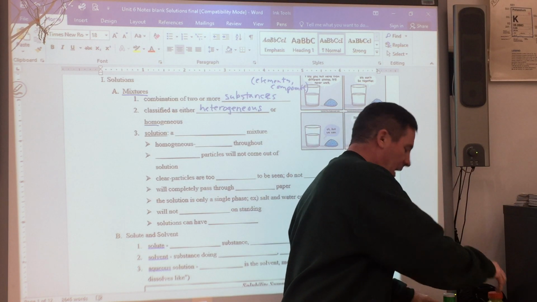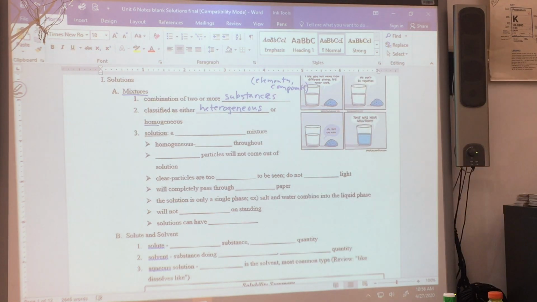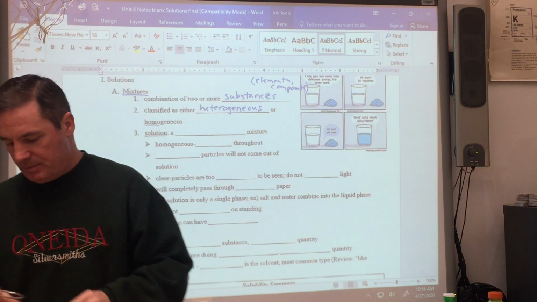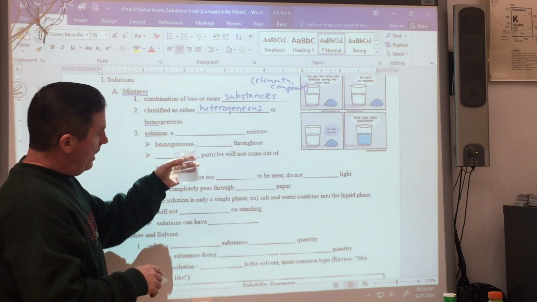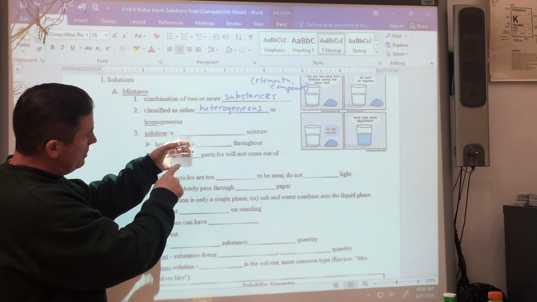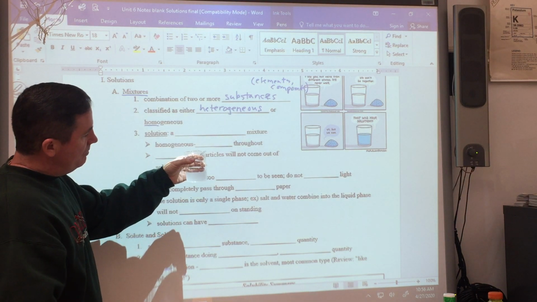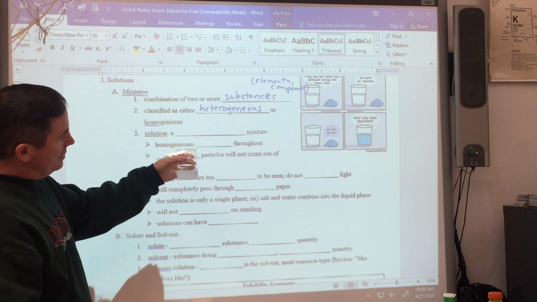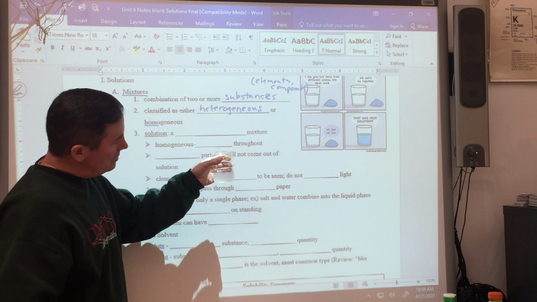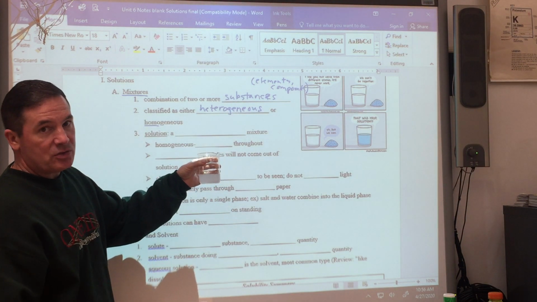Another mixture that I could put very easily in here is the water that I just get out of the tap. Now, this is a mixture. It's got some crud in there, but until the gas finally disappears, it will be a homogeneous mixture.